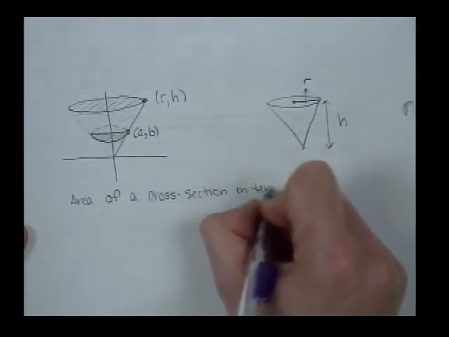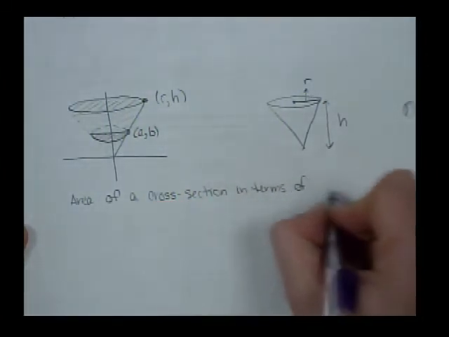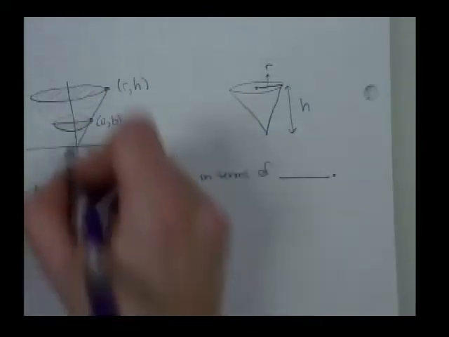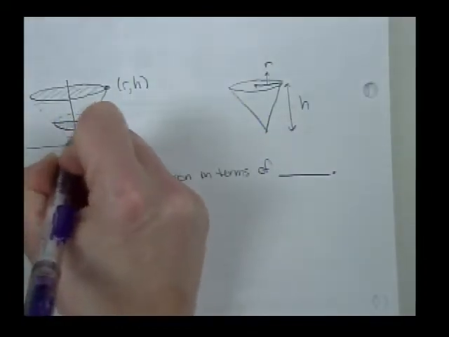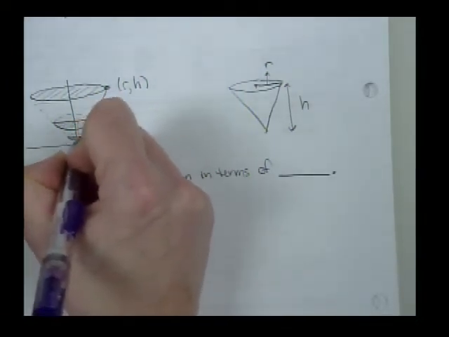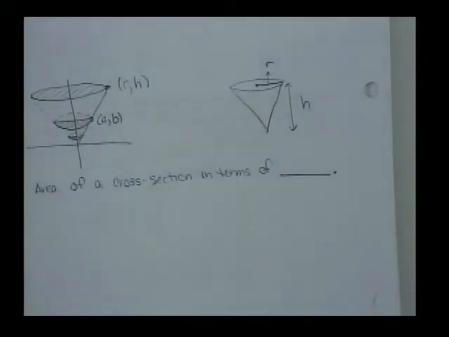In terms of, and then we have to decide, do we want the cross-section in terms of x or in terms of y? And looking at our picture, that should help us decide what variable we're going to want to integrate with respect to.